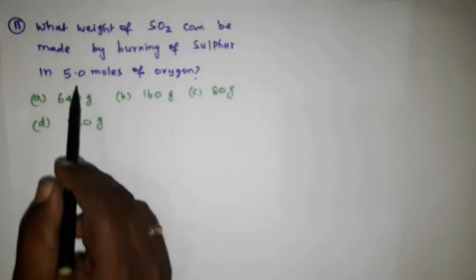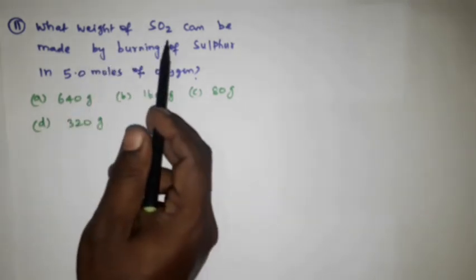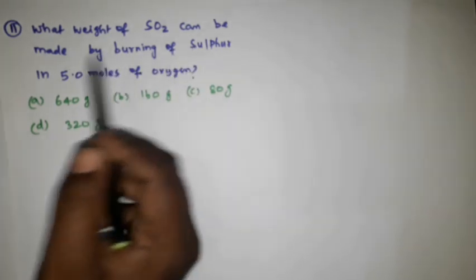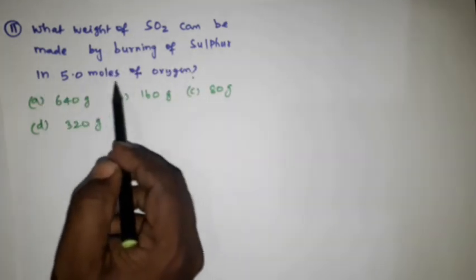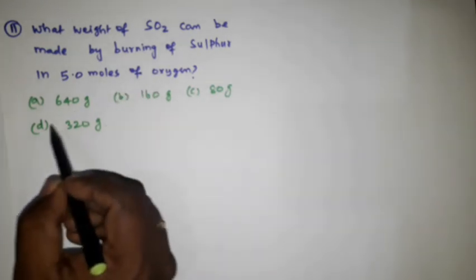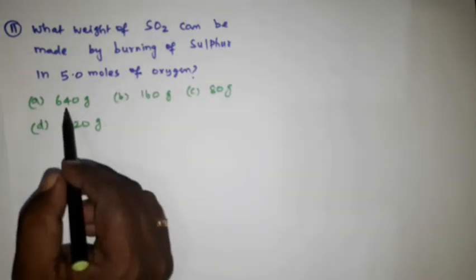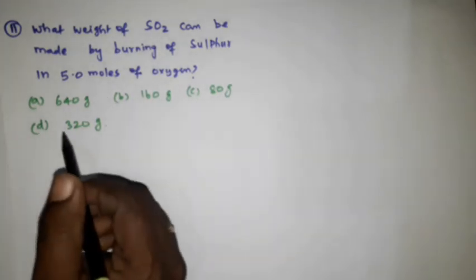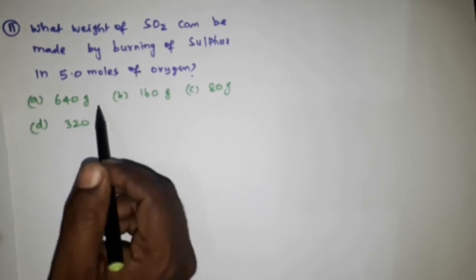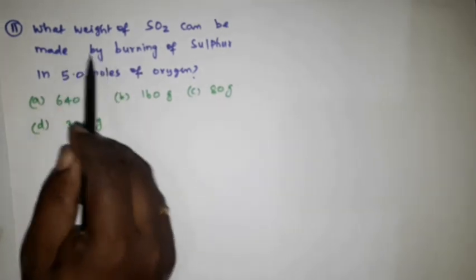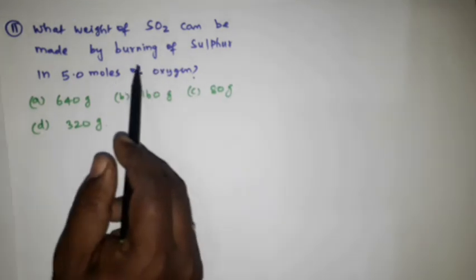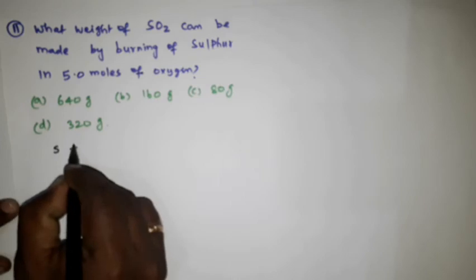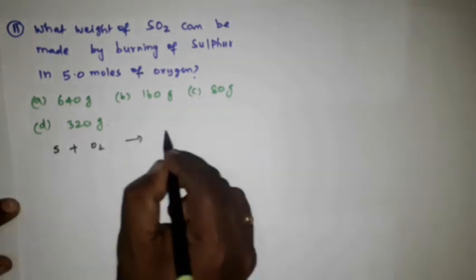Question number 11. What weight of SO2, that is sulfur dioxide, can be made by burning of sulfur in 5.0 moles of oxygen? Option A 640 grams, option B 160 gram, option C 80, option D 320 grams. Write the equation: sulfur plus oxygen gives sulfur dioxide.